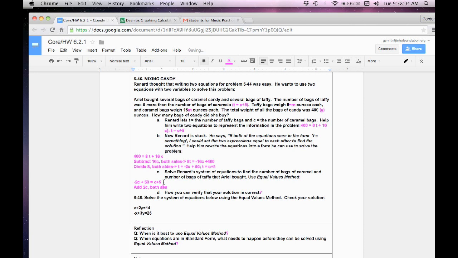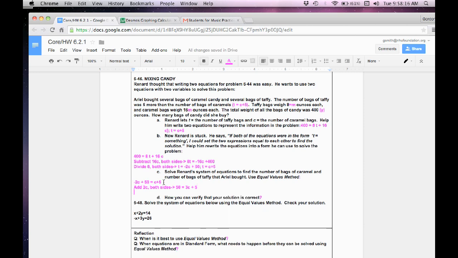That will get us 50 is equal to 3c plus 5. So then we'll subtract 5 from both sides. Okay, and that will get us 45 is equal to 3c.